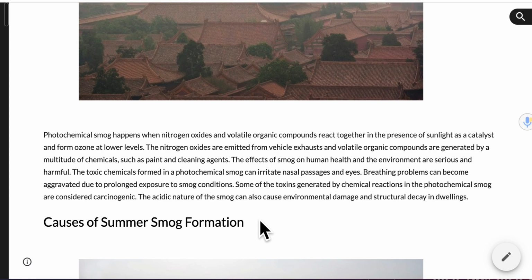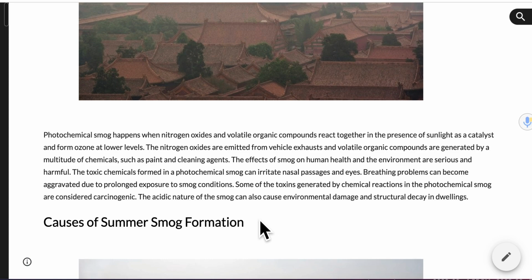So in the presence of strong sunlight, those chemical bonds start being broken down. And some of that will contain oxygen and free radical oxygen.